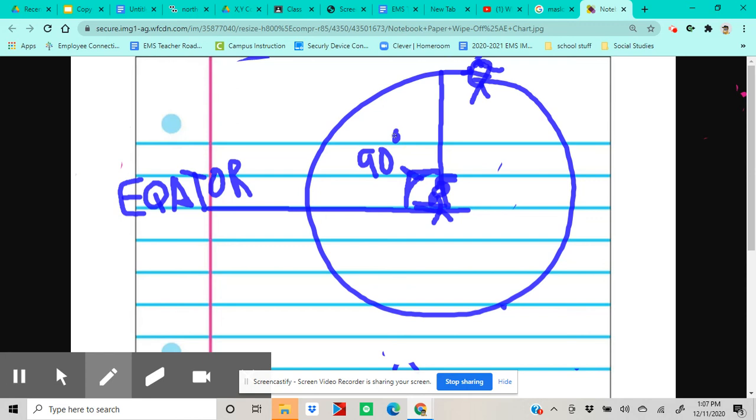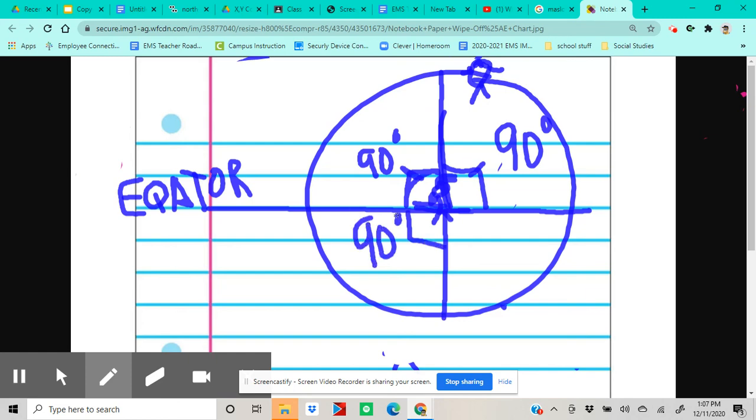Now, what if I look behind me, Harry? I turn around and line this up, and then I look up at Santa again. Yes, it would still be a 90-degree angle. Well, what if I look down? I was looking at penguins. This angle again, 90 degrees, Harry.